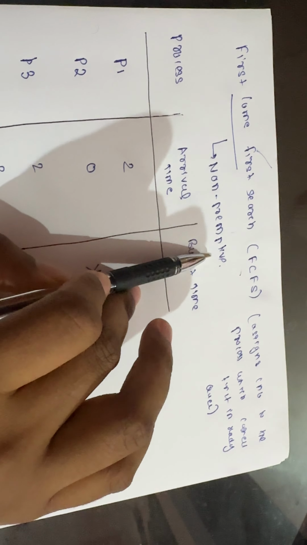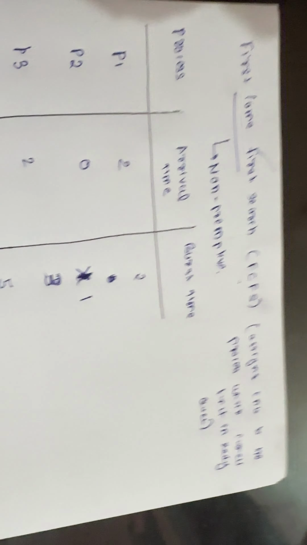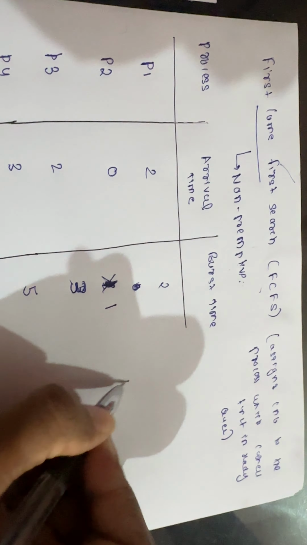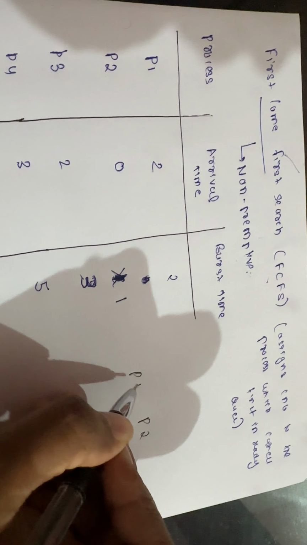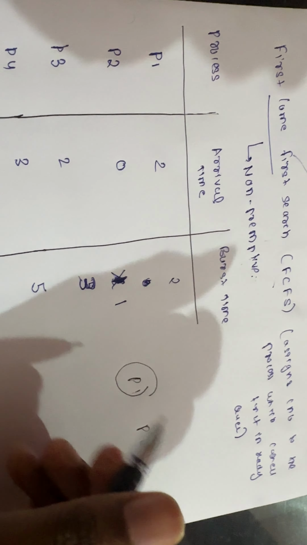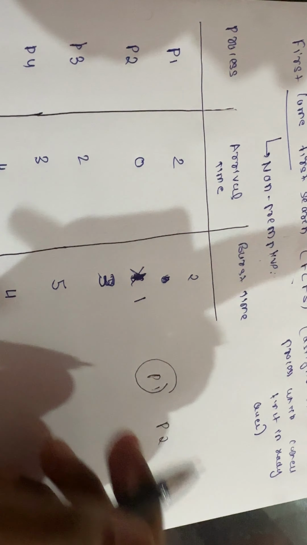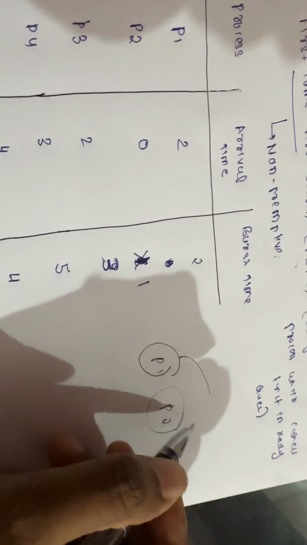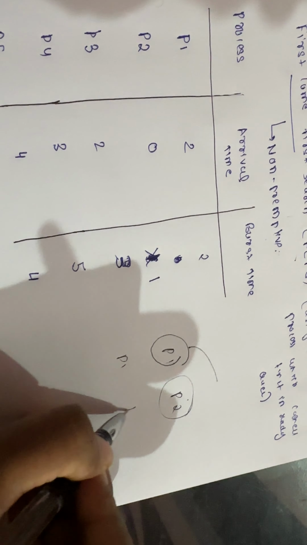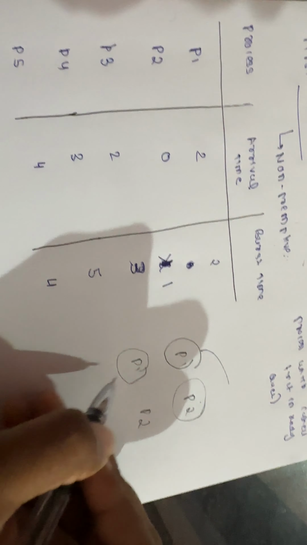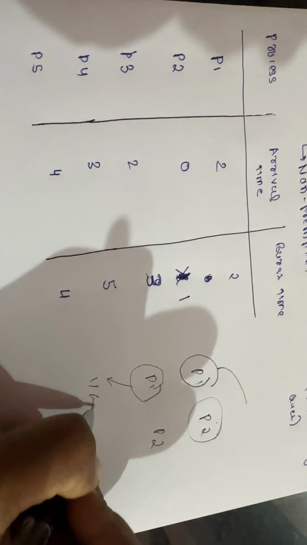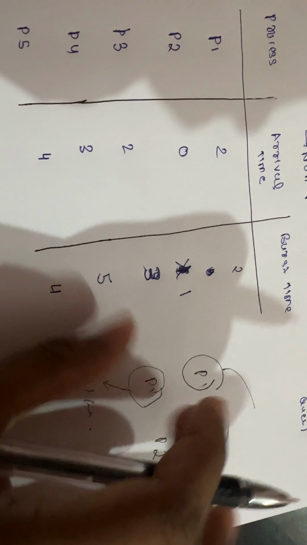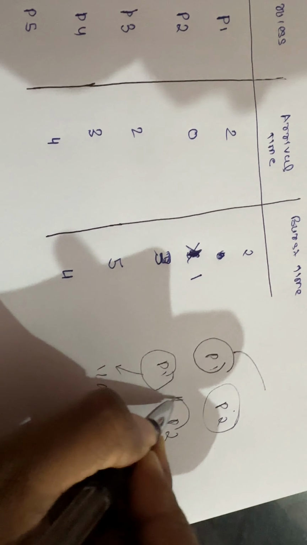What is preemptive and non-preemptive? Non-preemptive means that if two processes are there in the ready queue, after the completion of P1, only then can P2 come. But in preemption, if I'm having P1 and P2, P1 completes only a little bit, say a quarter of its process, and after that you forcibly remove it, and then P2 comes to execution.